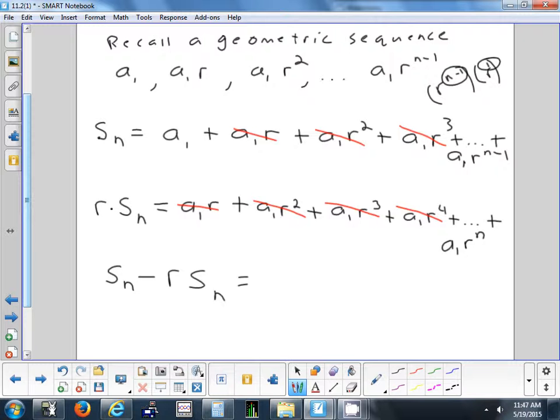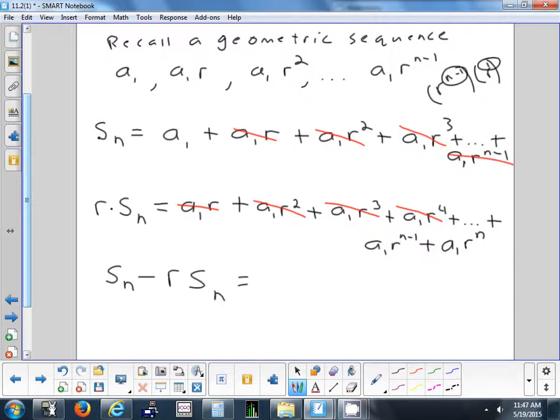And what would be the exponent on the term just before a sub 1 r to the n? What would be the one that's right before this? In fact, we could even write it in if we want. James? The a sub 1 r to the n minus 1. Yep. That would be the term just before that last term.